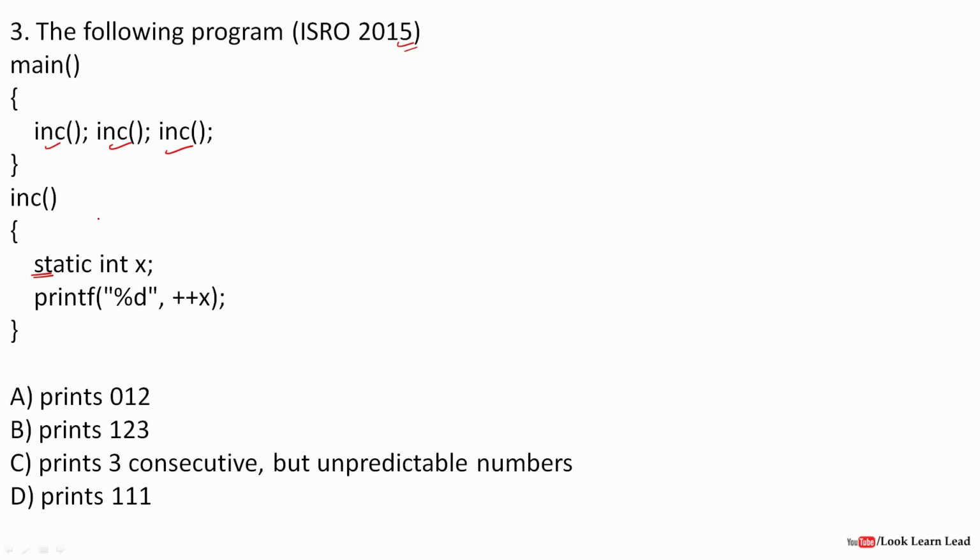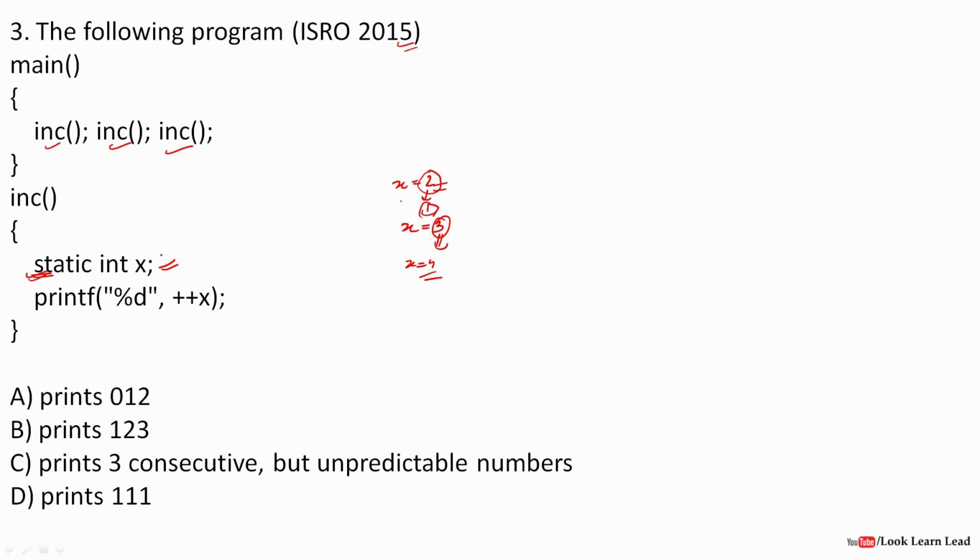See, what a static int means: if the function is called the first time and the value of x is 2, then when the function is called again, it would remember the value of x. If we increment x by 1, it would increment this 2 by 1, not the original value, but the recent value. Suppose x is equal to 3, the next time the function is called, it would increment this 3, that is x is equal to 4. So that is the purpose of the static int.